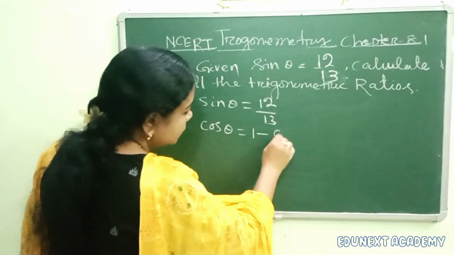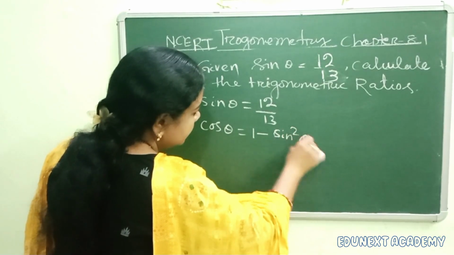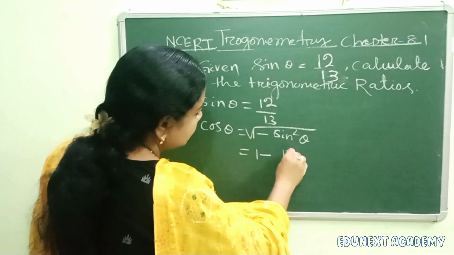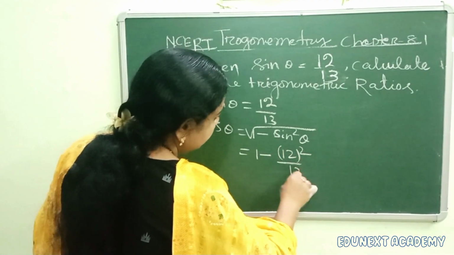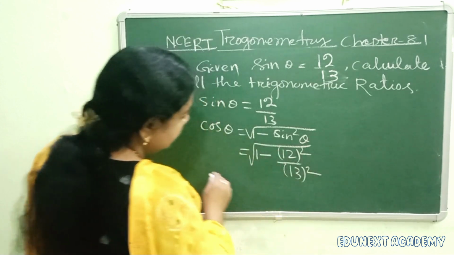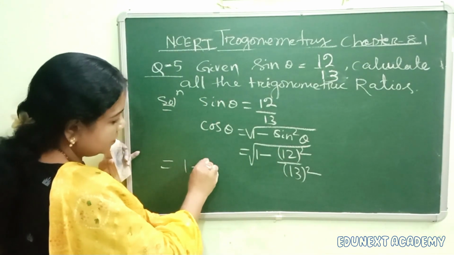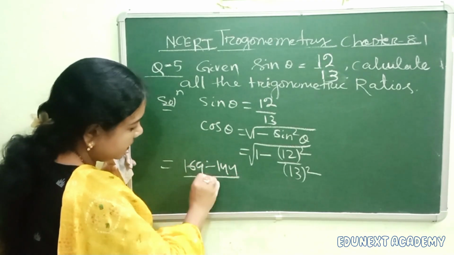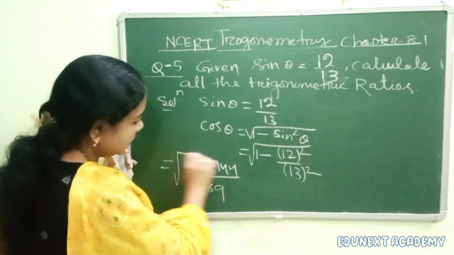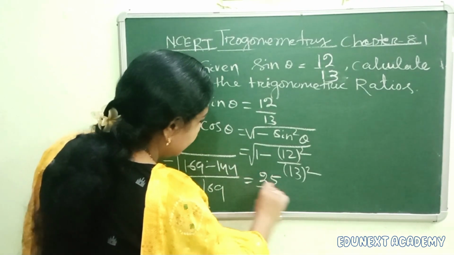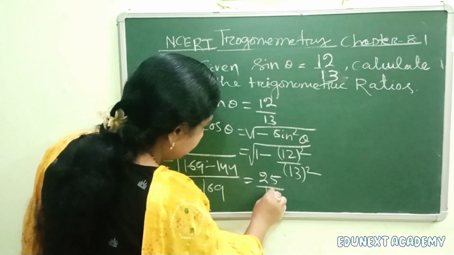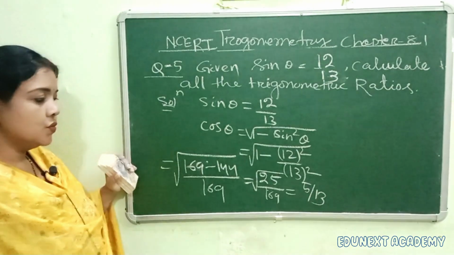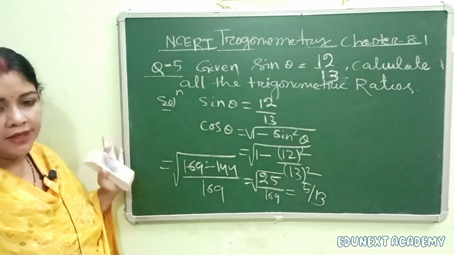Cos theta is the square root of 1 minus sin square theta, means the square root of 1 minus 12 square by 13 square, means the square root of 169 minus 144 divided by 169. That is the square root of 25 by 169, that is 5 by 13. So cos theta is 5 by 13.